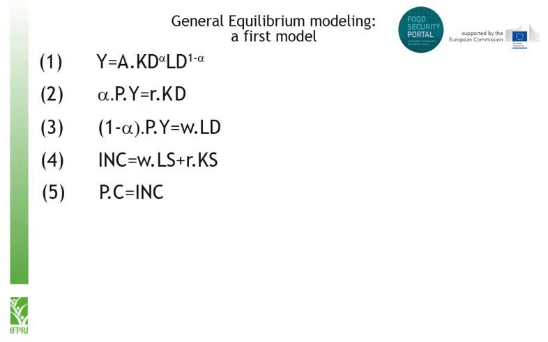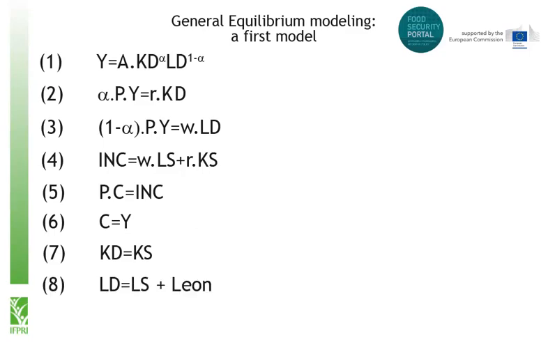Equation 5 is the consumer's final consumption. Equation 6 is the equilibrium on the good market. Equation 7 is the equilibrium on the capital market. And equation 8 is the equilibrium on the labor market, with the addition of this new variable, Léon, which we can initialize at 0, but which can take any value.